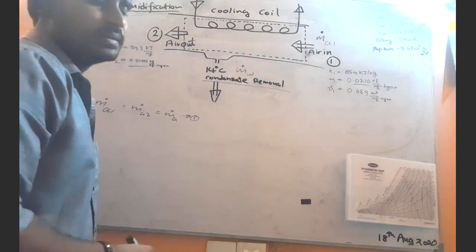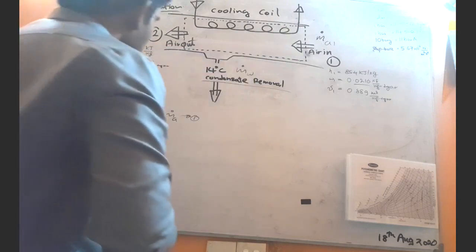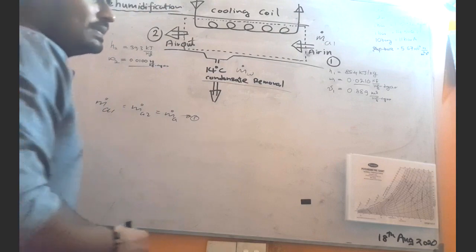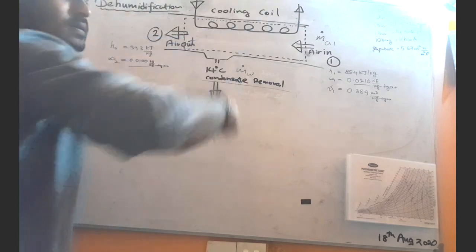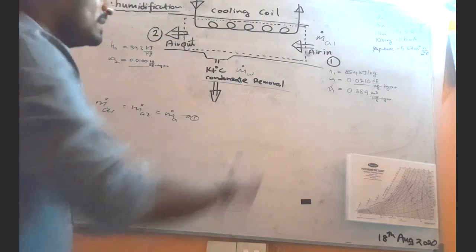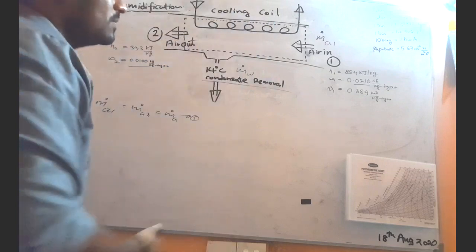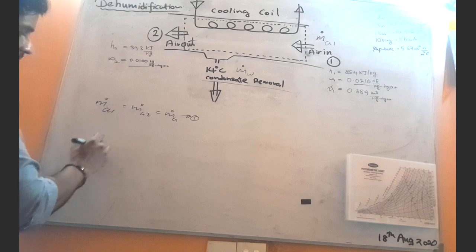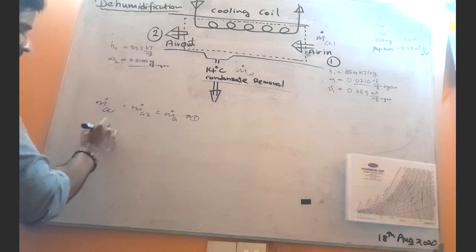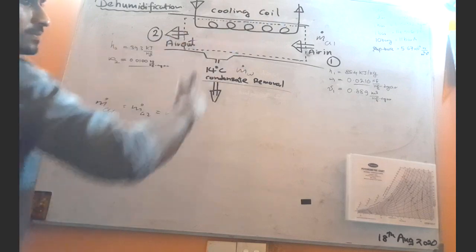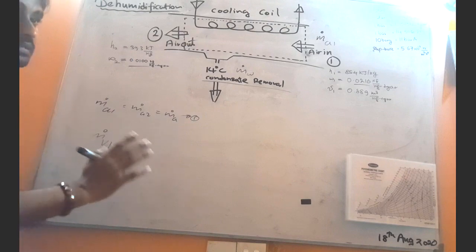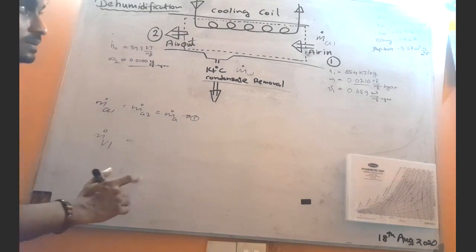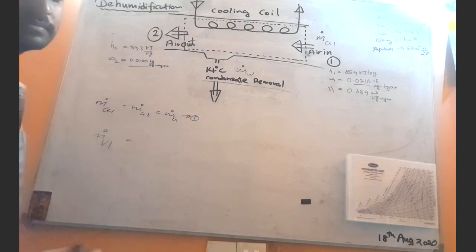The only moisture that gets into the system is from the entrance side. So at the entrance we have the water or vapor content as mv1 dot, and the water content must be the same.